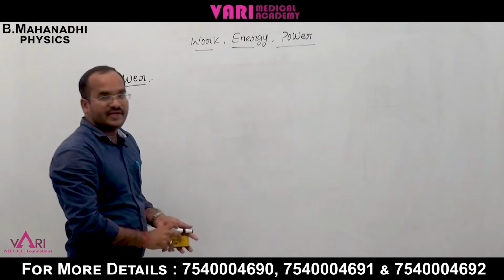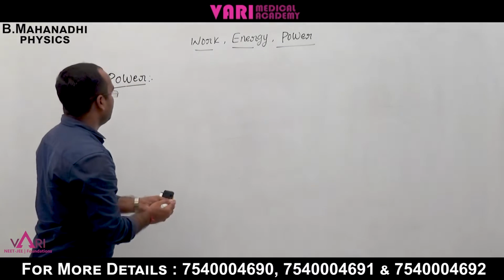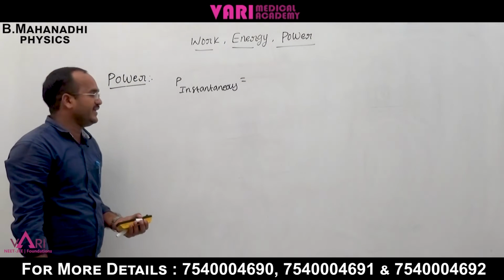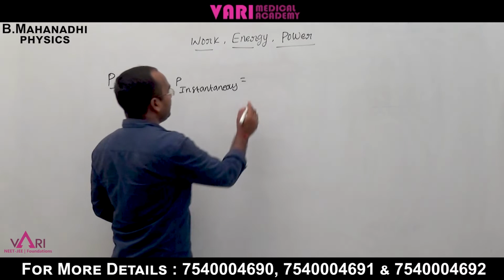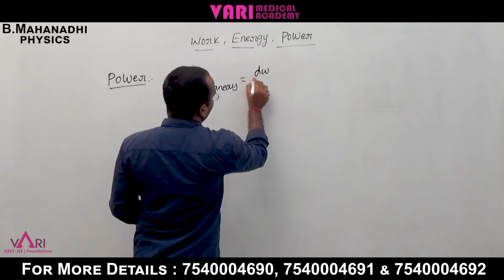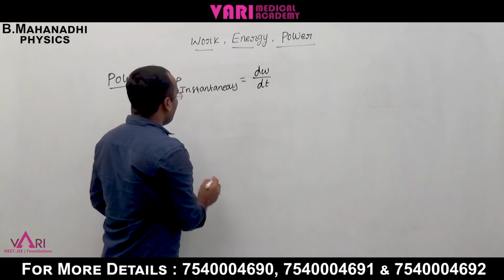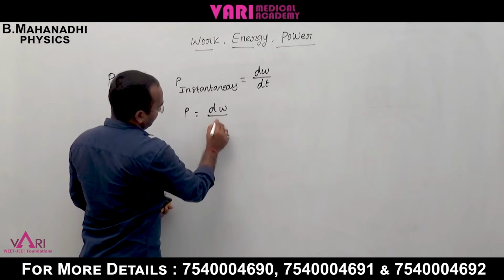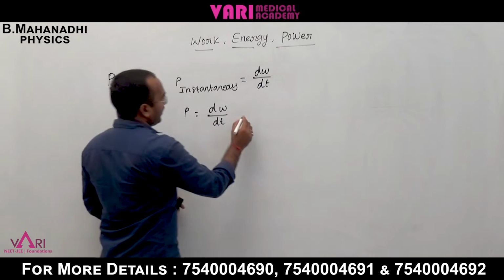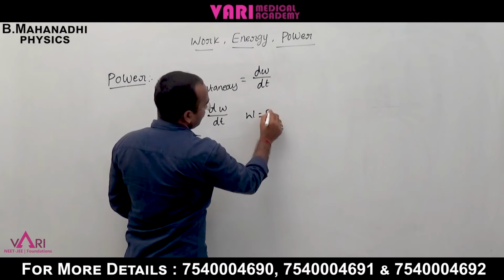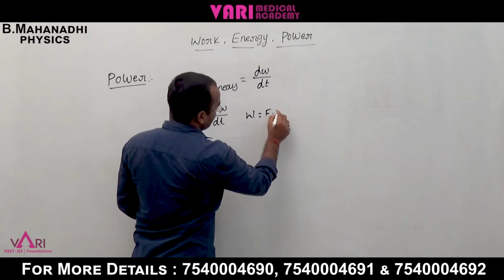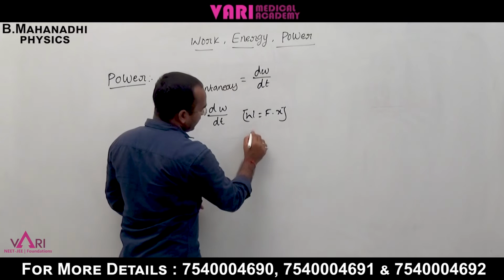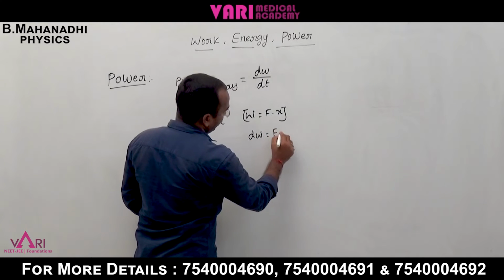Now instantaneous power. How do we find the instantaneous power P? It is the rate of work done, dW by dt. We know work is equal to force into displacement, so dW is equal to F into dx.